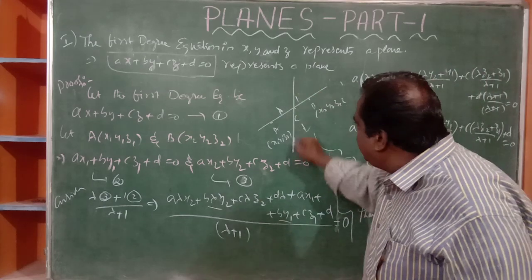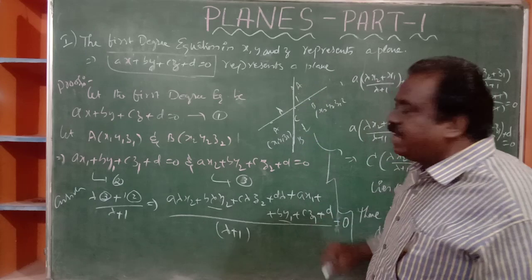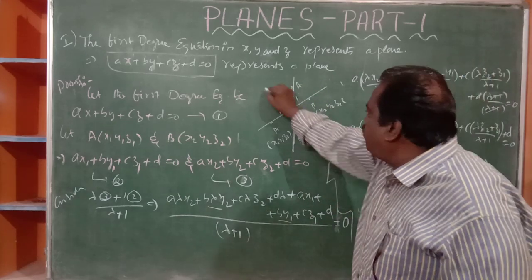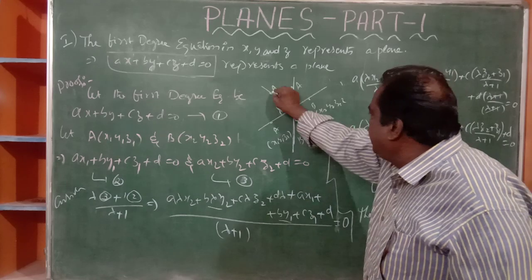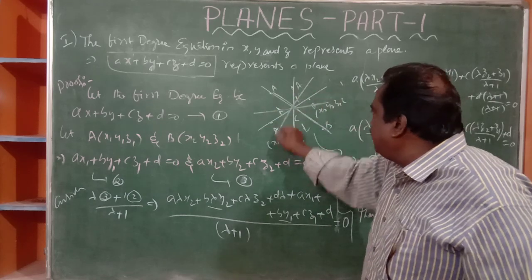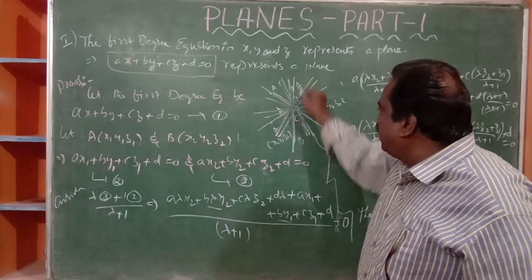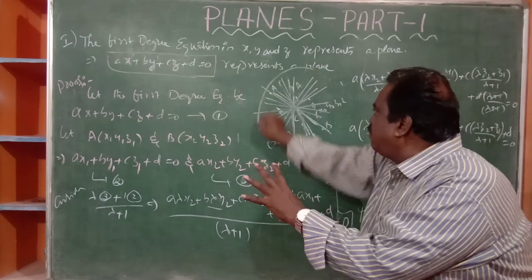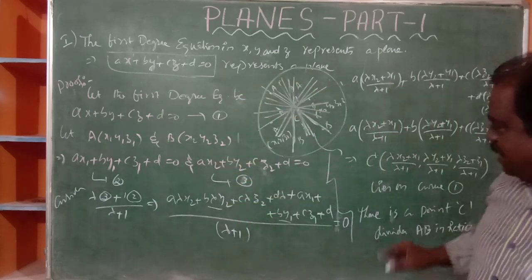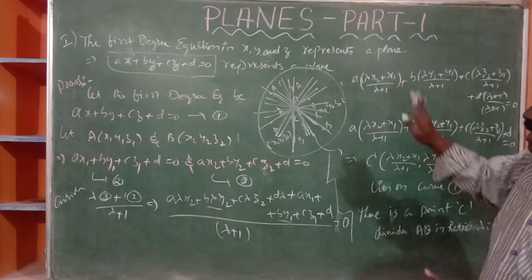Suppose B point is like this, then also it covers the line. Suppose the A and B points are like that, it covers. So at last we can conclude that everywhere that C point is there for different values of lambda. So it covers a plane.